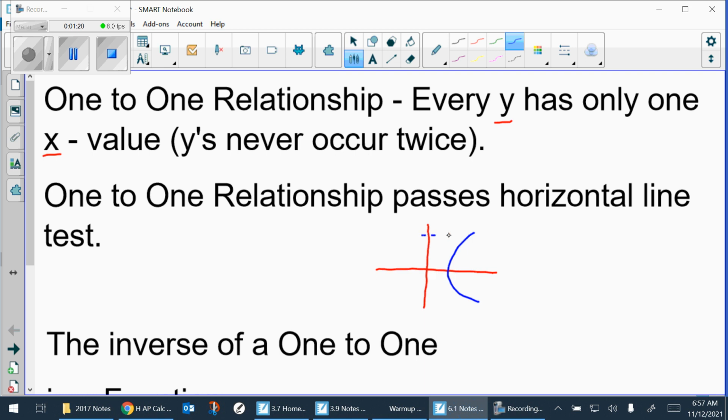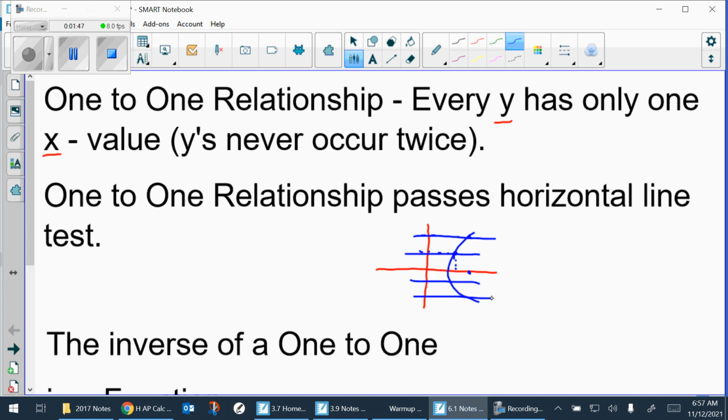This y value up here has only one single x value. And this y value right here has a single x value that has caused that. So every y has only one x, and this will pass horizontal line test. So this is a one-to-one relationship.